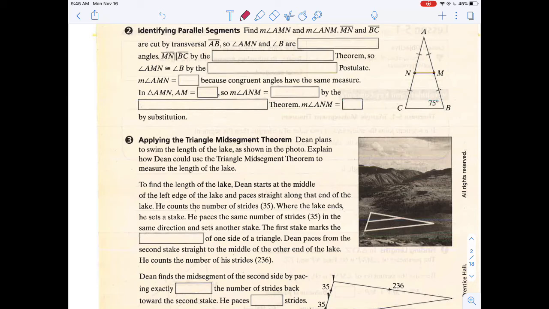Okay, number 2. Find angle AMN. MN and BC are cut by the transversal AB. Okay, so let's look at those two sides. MN and BC, they're saying these are parallel lines, and they're cut by this transversal.